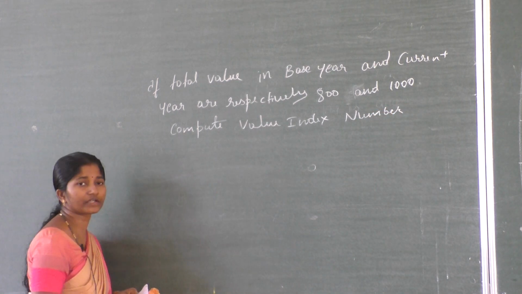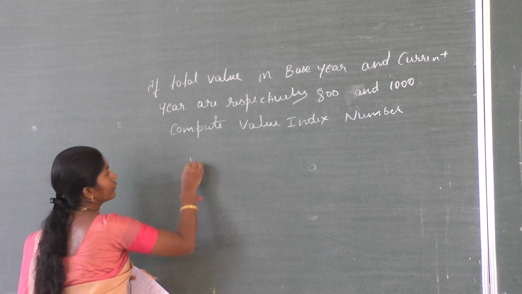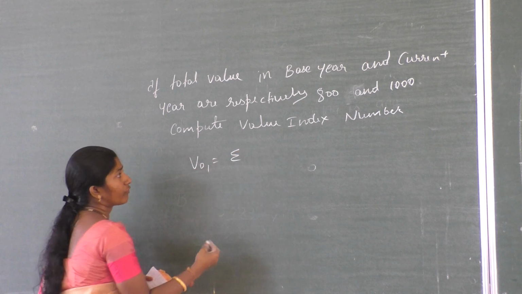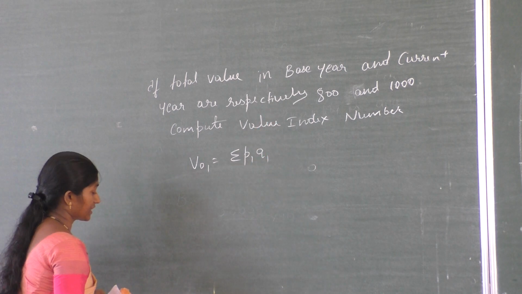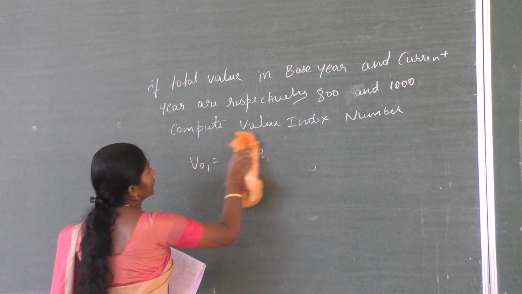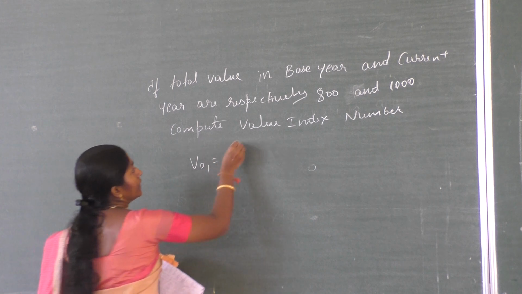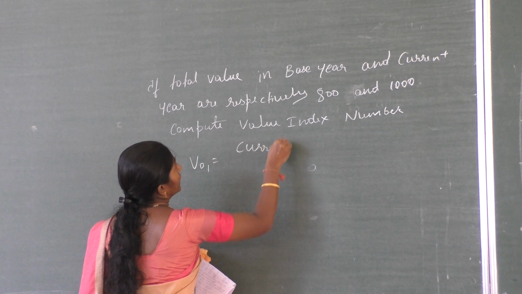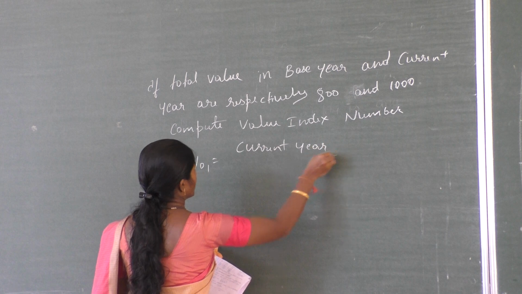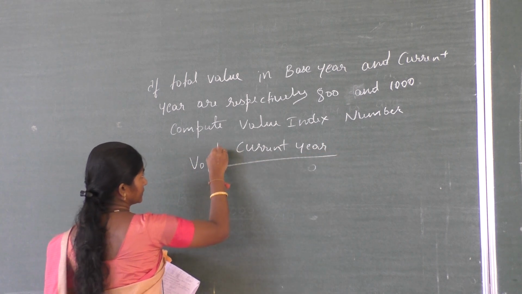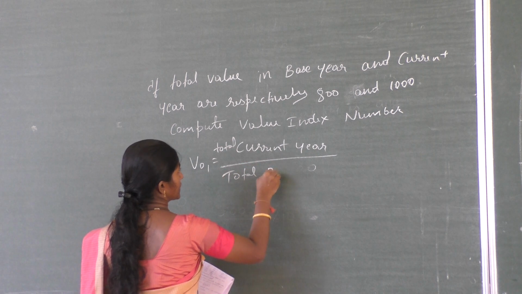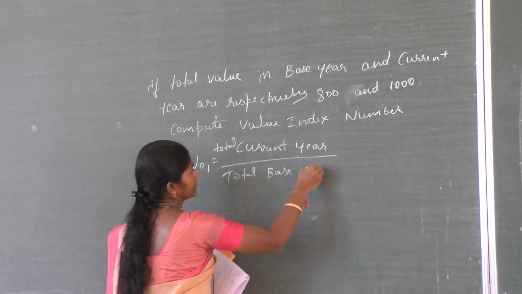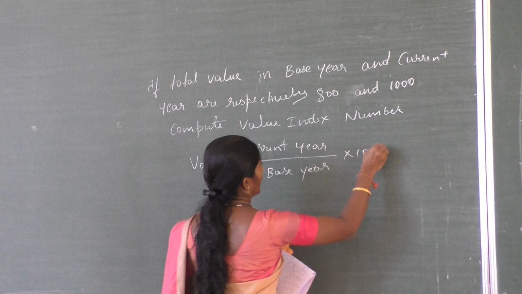So you are given that the question only asks for the value index number, therefore V01 we will write the formula directly. P1 Q1, or otherwise base year and current year. V01 equals total current year divided by total base year into 100.